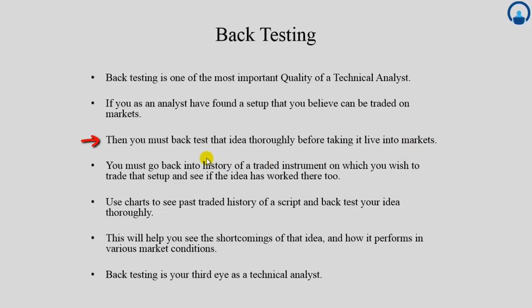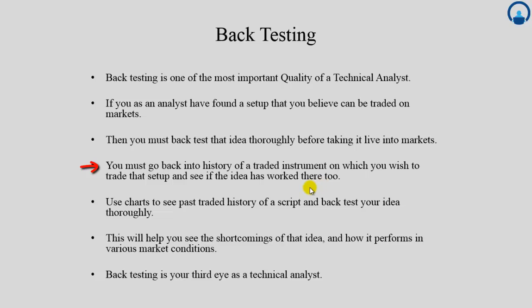If you have seen a pattern in charts, a setup or a pattern that is repeating itself on various different charts, and if you think that it can be exploited for profits, you need to go back into the history of that traded instrument or of any traded instrument. You need to go back into its history and see if that idea has worked there too.